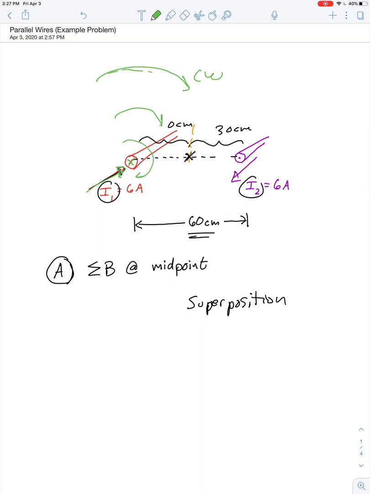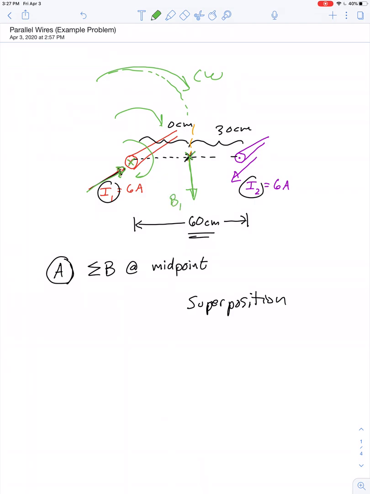And so if I extend this circle to the point where it meets the point in question, then tangent to that circular path right at this location is some magnetic field that would point down. So I'm going to call that B subscript 1.